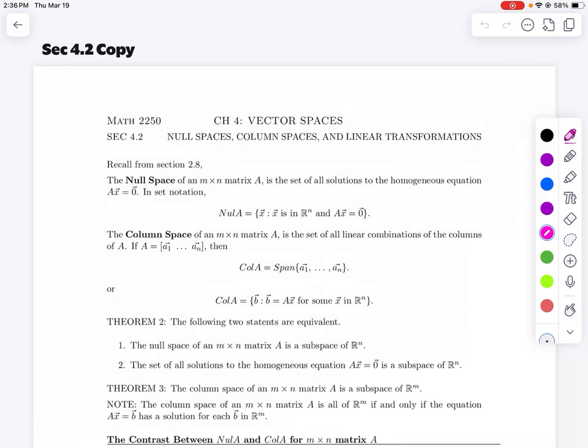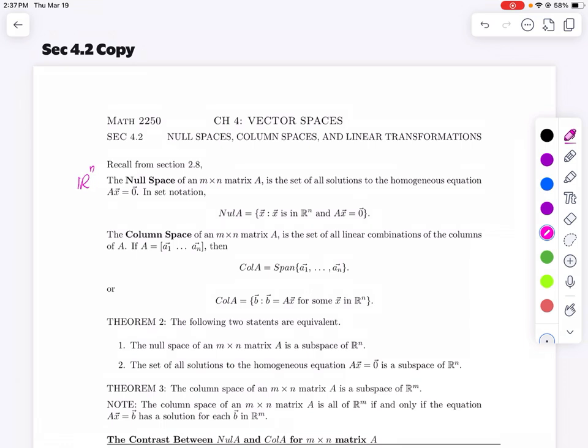But there we learned them in the context of sets of the type Rn, sets of vectors, like R2, R3, R4, and so on. But here we are going to talk about these concepts in the context of vector spaces.